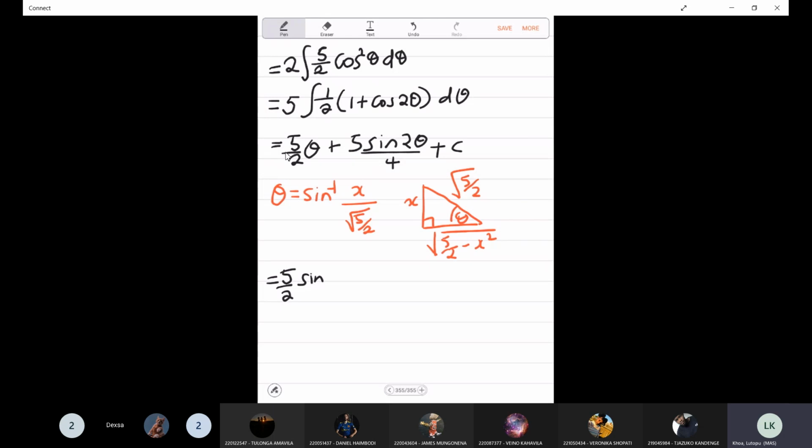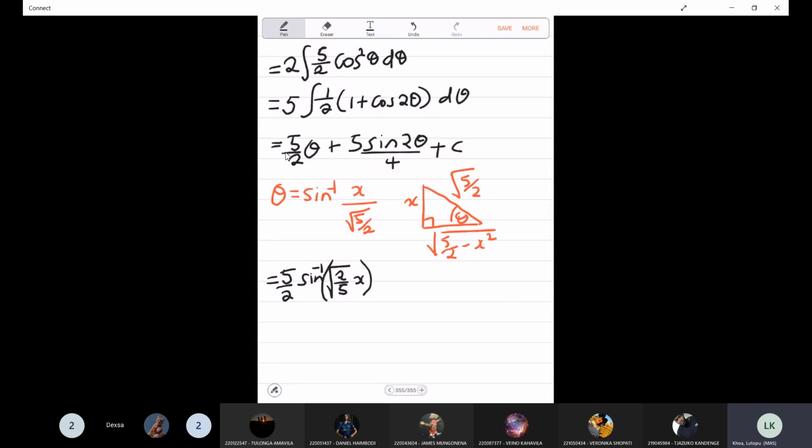So that's what we're taking, not sine, sine inverse. Then you can put brackets there so it looks nice.